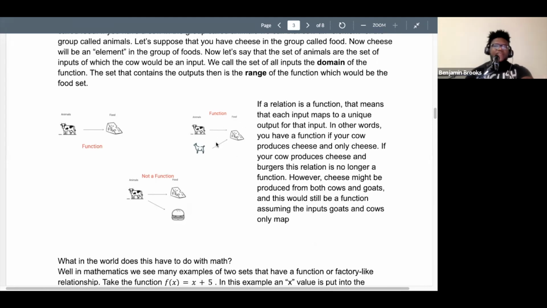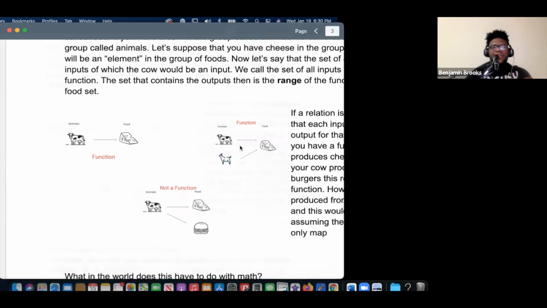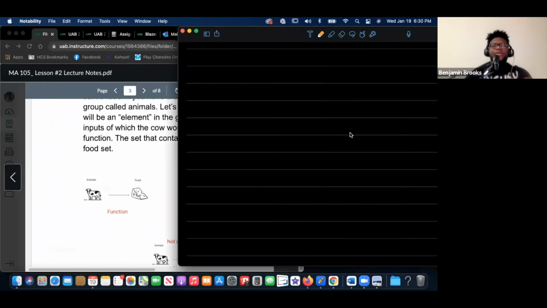So if your domain is animals and your outputs from animals are food, then the range represents the food. I'm hoping this illustration makes sense: domain, these are your inputs; range, these are your outputs. And I apologize to all the vegans out there, but this is just how that rolls.